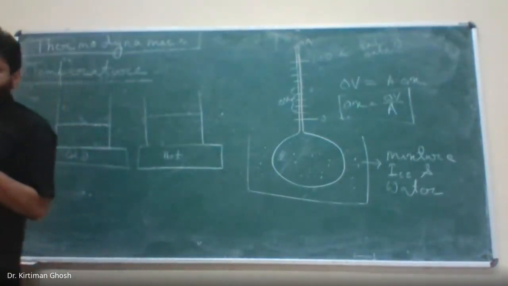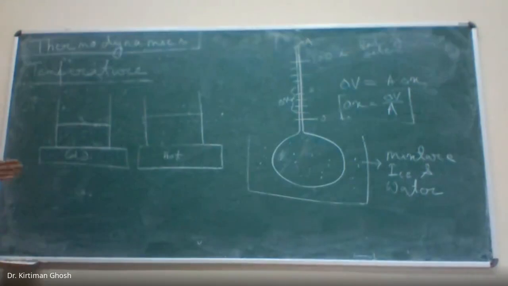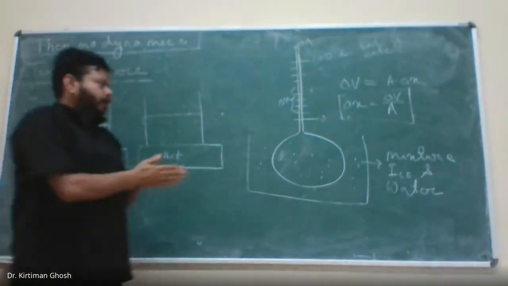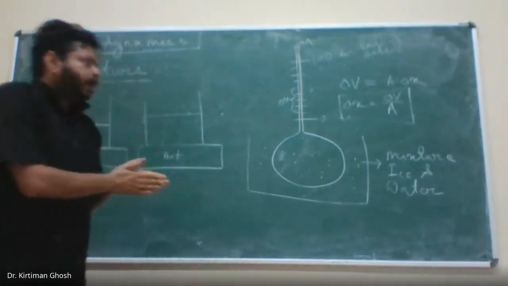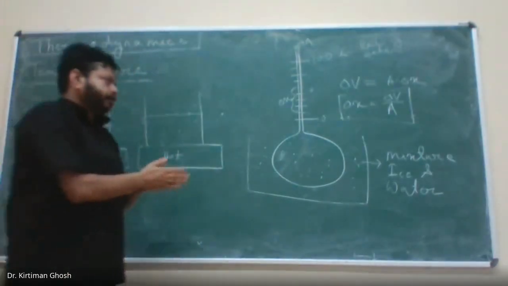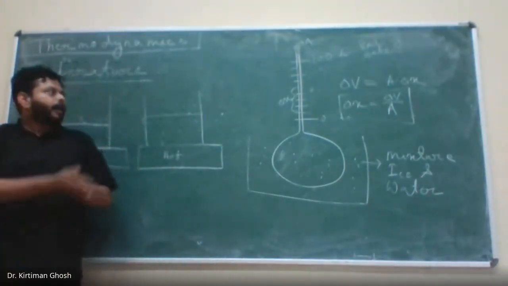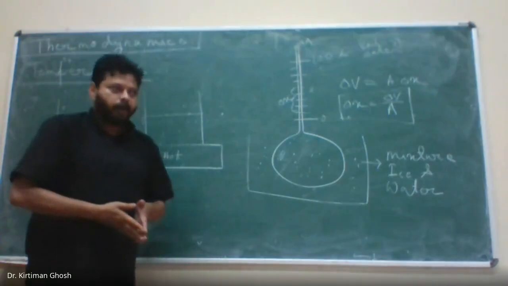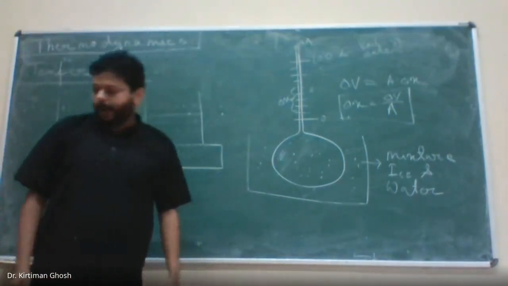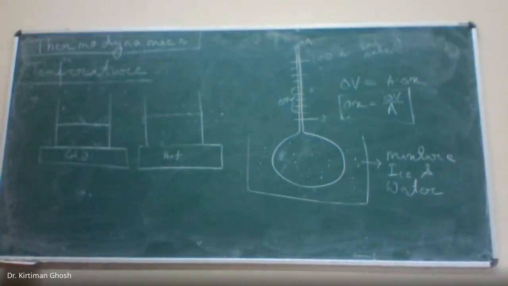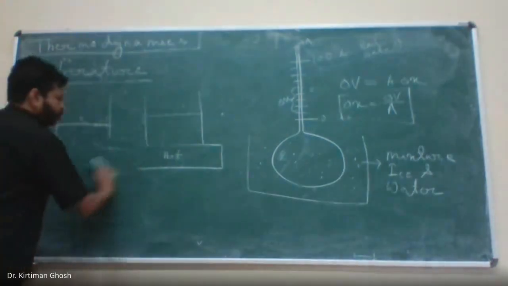And this could be a globally acceptable definition of 0 and 100 for this thermometer. There are problems, which I will come to later. But this is a definition which people around the world can accept, because everyone has ice and water and everyone can have boiling water, so they can calibrate their apparatus according to this arrangement.